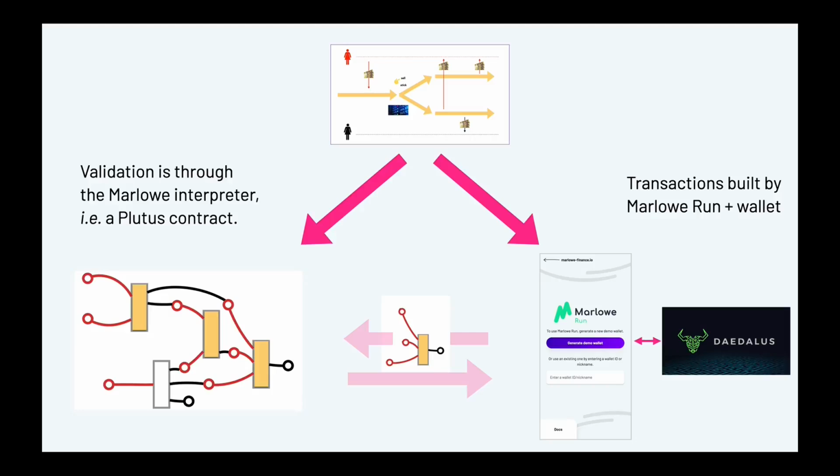And essentially, the blockchain is the central synchronization point for the distributed system that is the collection of instances of Marlowe Run that are interacting to execute the contract. And you saw in the demo just before that we could see in those two separate windows we were sharing information. Now that was simulating it locally, but in production this will be information that's stored on the blockchain.